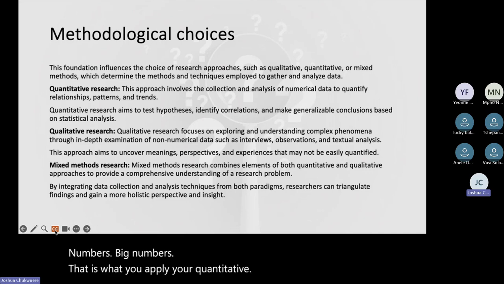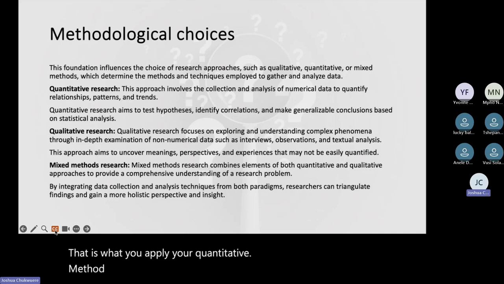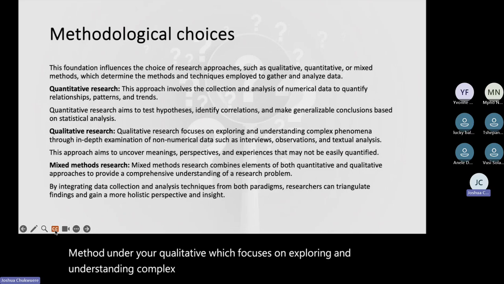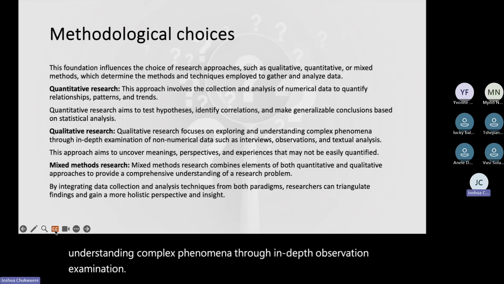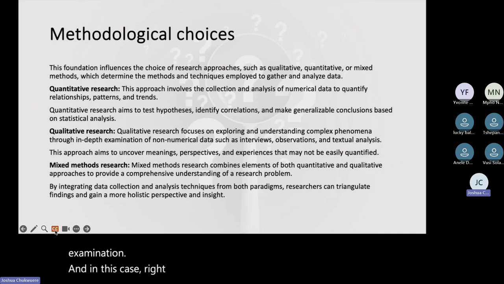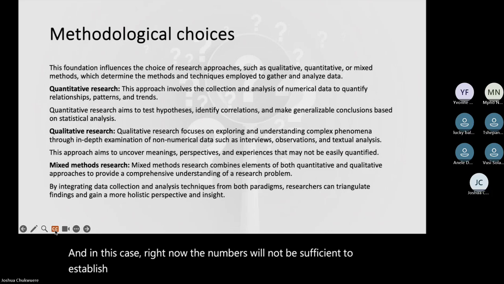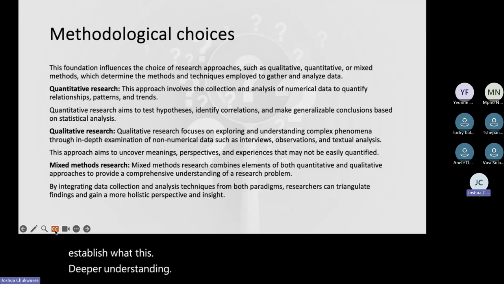Under your qualitative, which focuses on exploring and understanding complex phenomena through in-depth observation and examination, the numbers will not be sufficient to establish this deeper understanding. Because it's what?